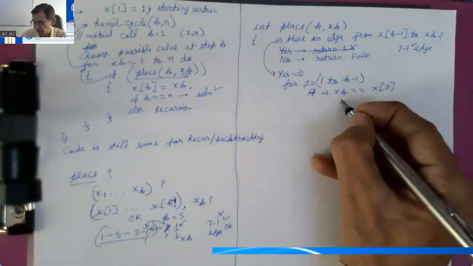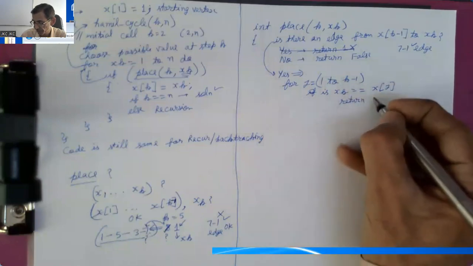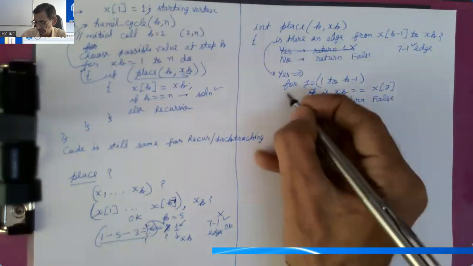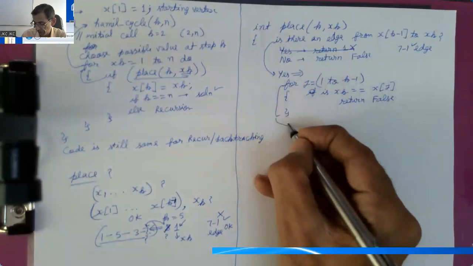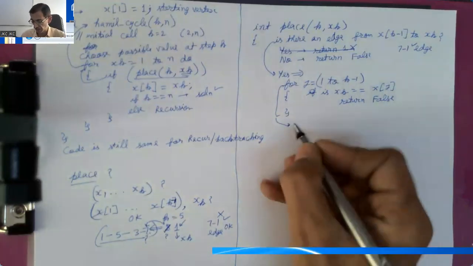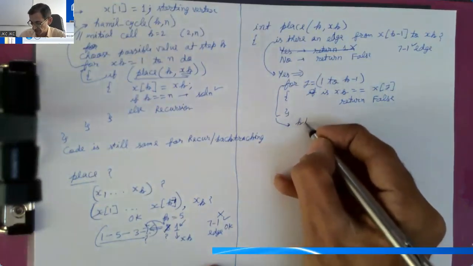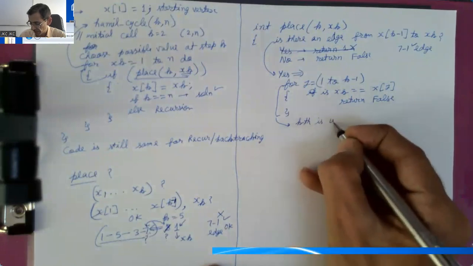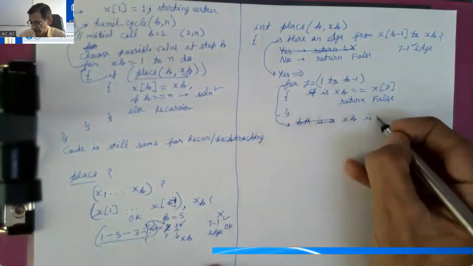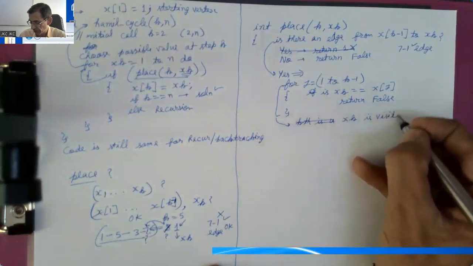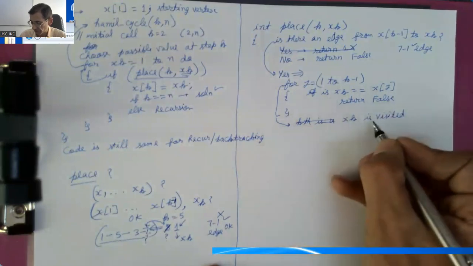If yes, again, I will say return false because this is not acceptable. And if I come out of the loop, I can say xk is unvisited. It can be accepted. More or less, I think I can return 1.